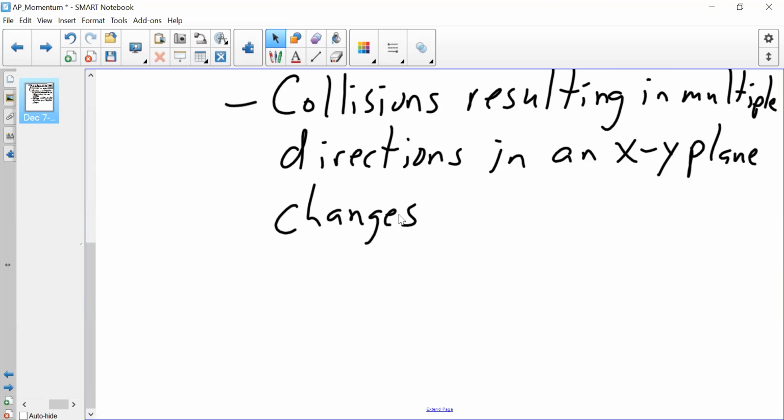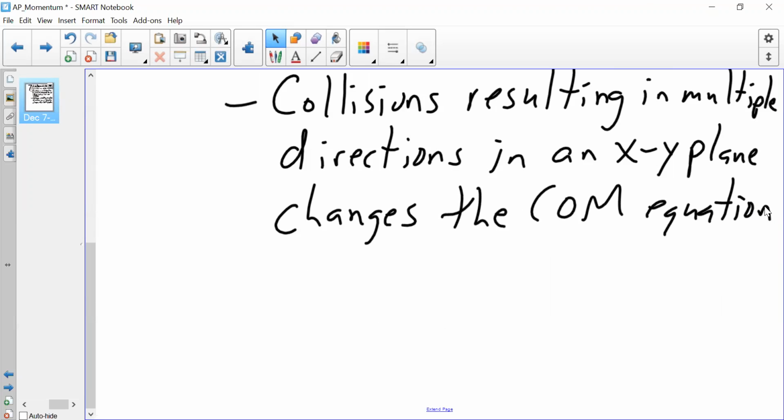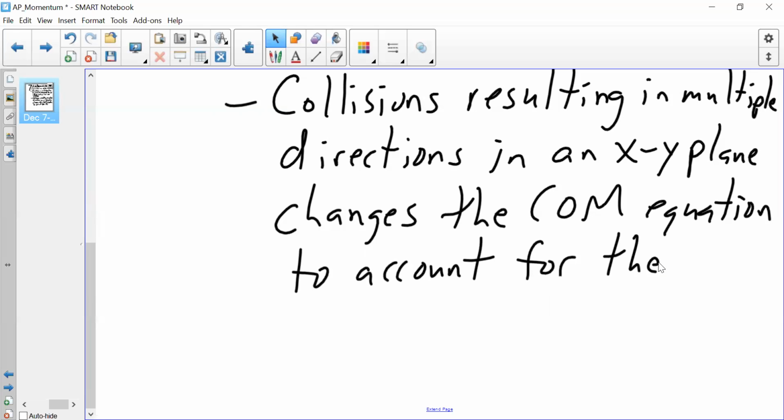Collisions resulting in multiple directions in an XY plane change the conservation of momentum equation to account for the components. It could be X, Y, Z, W, whatever direction we're headed.